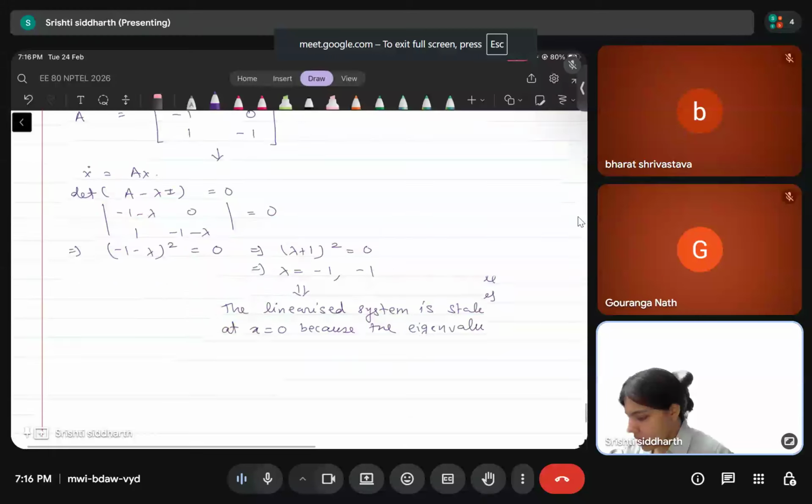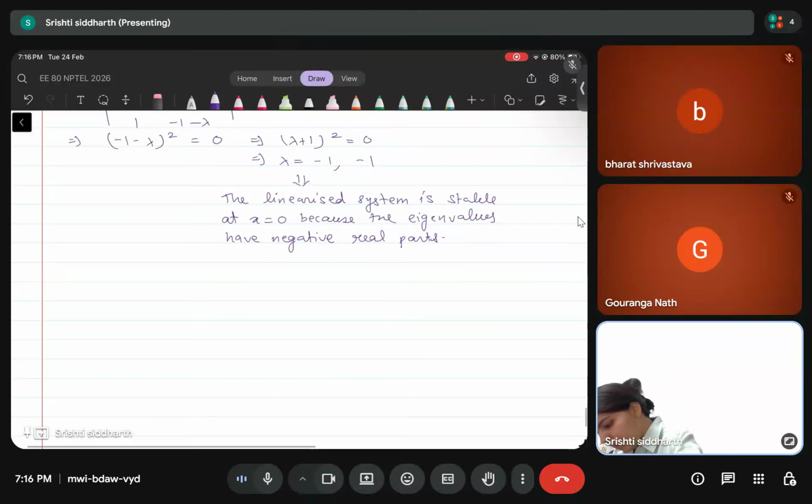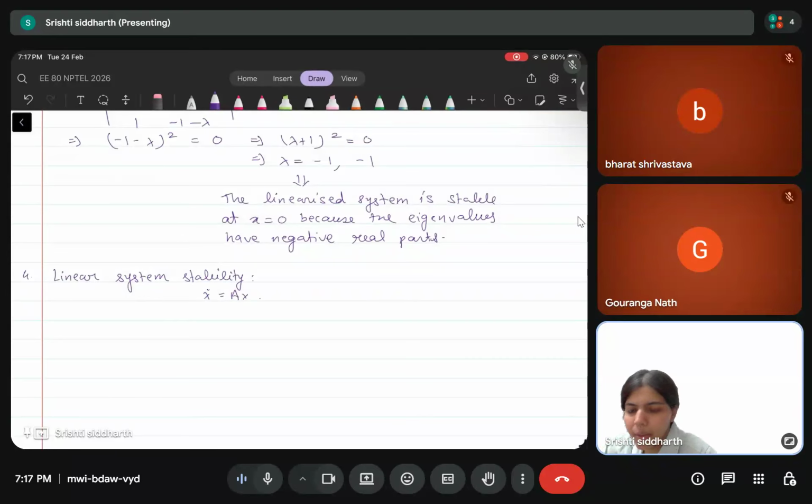Let's discuss linear system stability. So if we have a system x dot equals Ax without any input and we have n states, then depending on the eigenvalues of A, we have various conditions of stability, right?